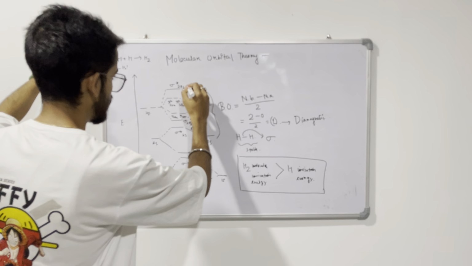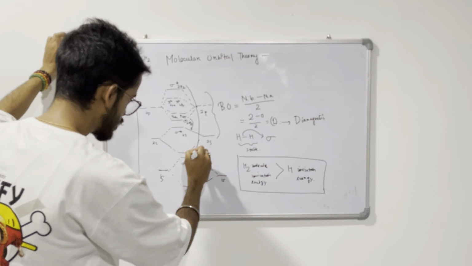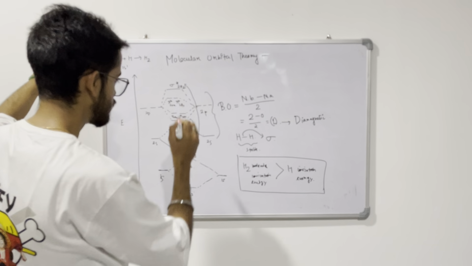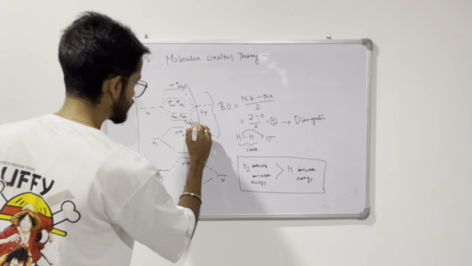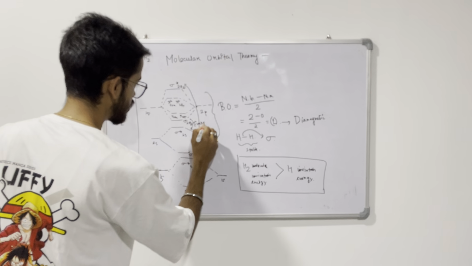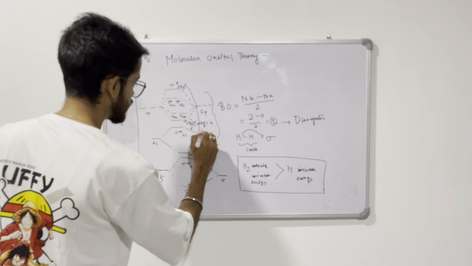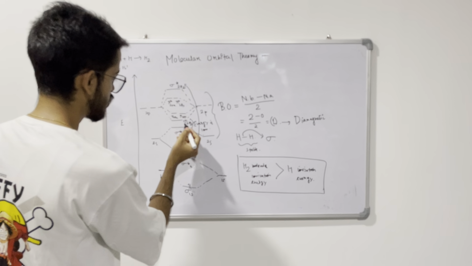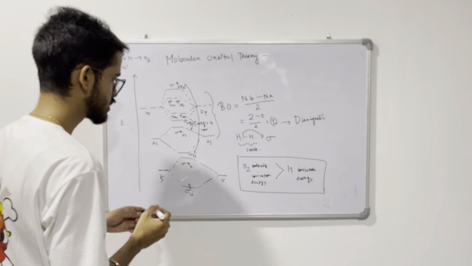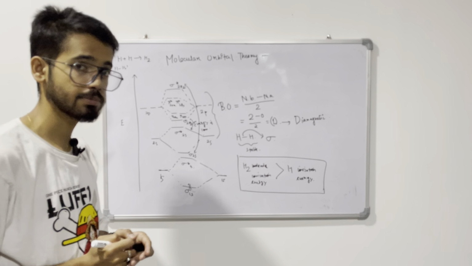But in case of this, it is quite high. So as this energy difference is low, sigma 2pz and sigma star 2s combine. That is, sp mixing occurs.